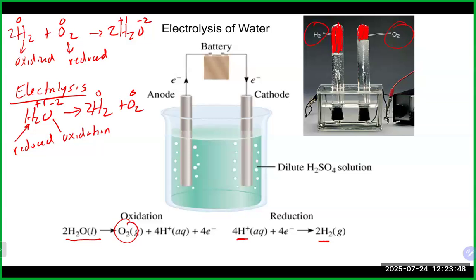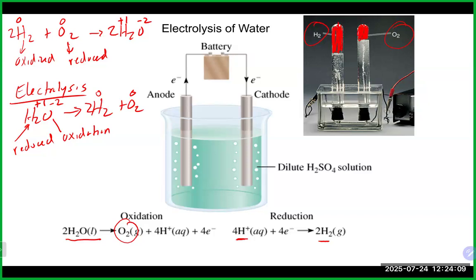Now, one of the weird things, if you will, when you come across electrolysis problems, especially those involving water, is that a lot of times the questions themselves won't mention water, like, hey, you're doing the electrolysis of water.